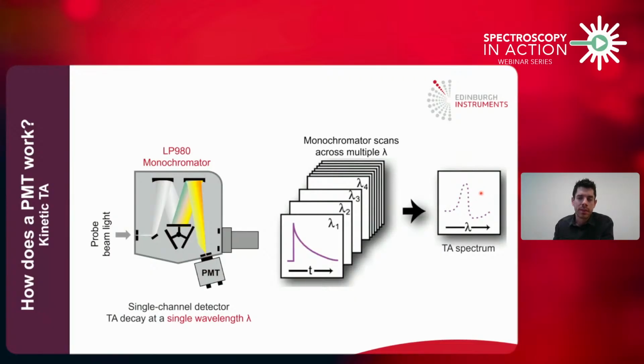So it's possible to acquire a transient absorption spectrum just by the PMT, but this will take a while. It's a time-consuming technique, and also it's not recommended when your sample is photosensitive, as it is quite possible that you end up burning the sample. So the iCCD is ideal for acquiring spectral measurements.